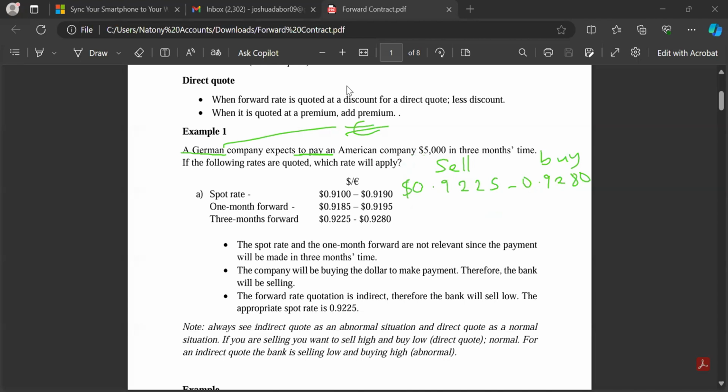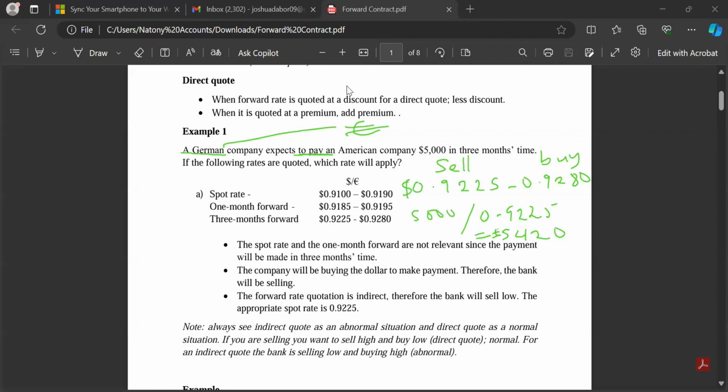So this is 5,000 divided by 0.9225. That will give 5,420 euros approximately when converted to the euro.